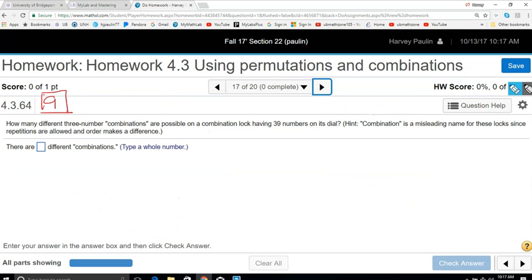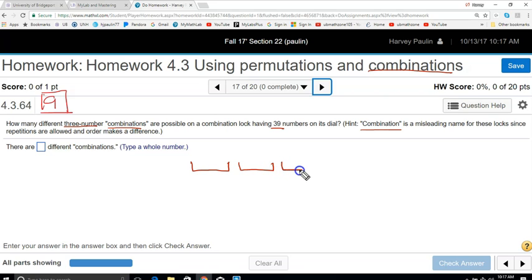Now, for number 9, as we look at it, it says how many different 3-number combinations are possible on a combination lock having 39 numbers. Now, they're giving us a little hint here, is that even though they're saying the word combination, in the mathematical combination, that's not what this is, because you have 3 slots here.